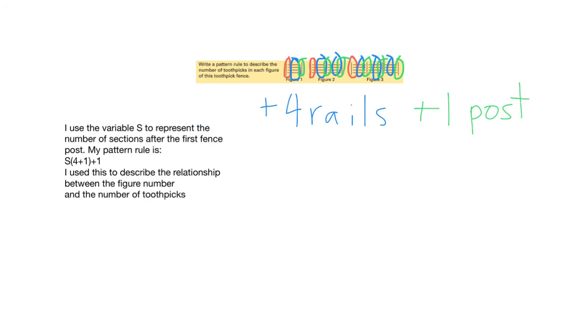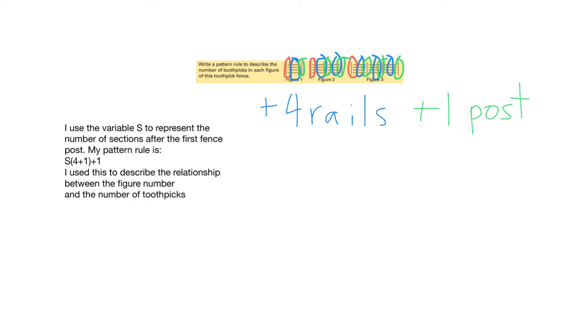So what I've done right now is I've actually shown that each new figure adds 4 rails and 1 post. So here I've added that I'm going to use the variable s this time to represent the number of sections after the first fence post.